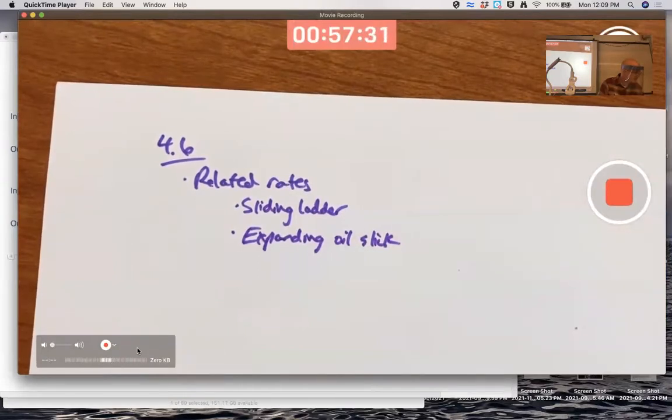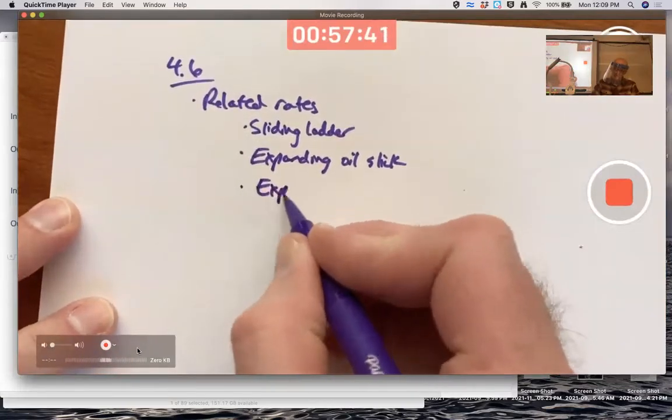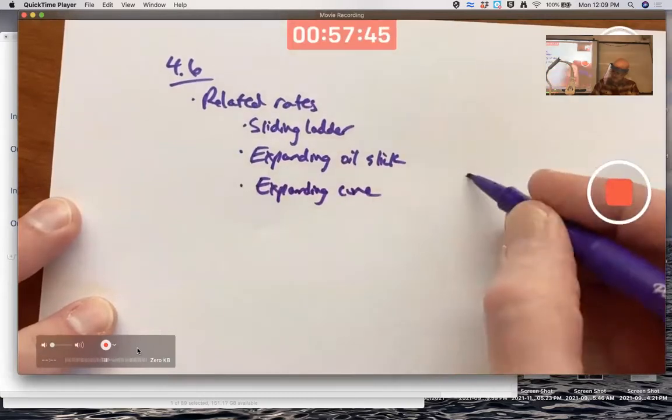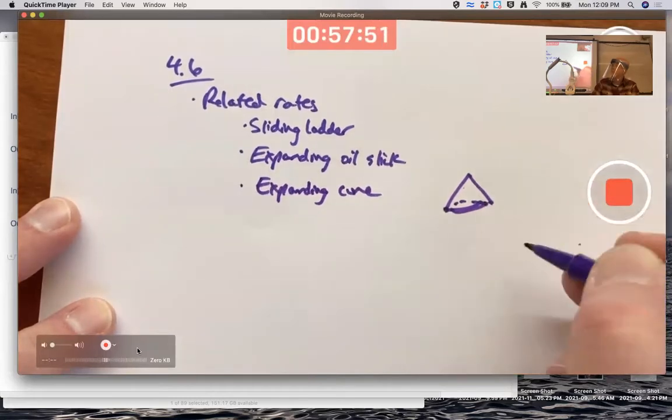I could see putting one involving, and we might have talked about this in class, a cone that's getting bigger. Call it an expanding cone. We might have done that in class. Like if it's made out of sand. Oh, I think we did one with a coffee filter that was draining.